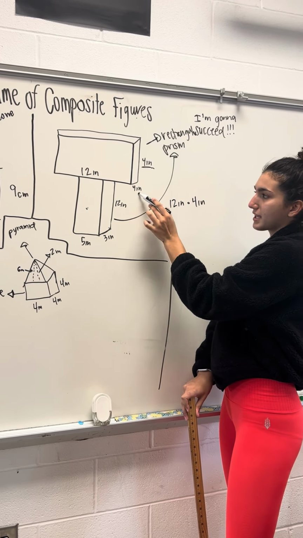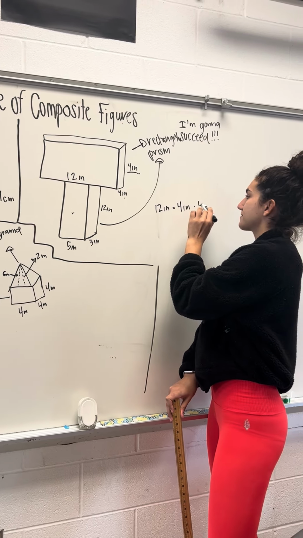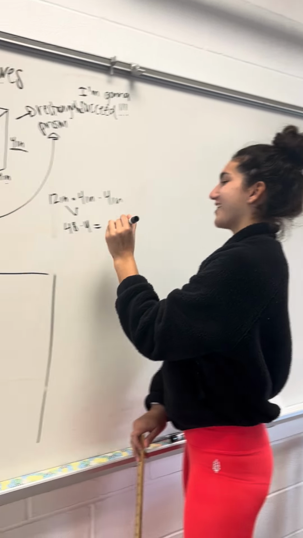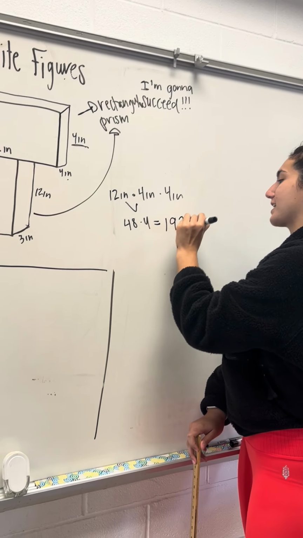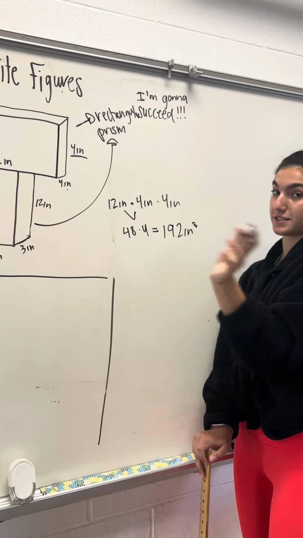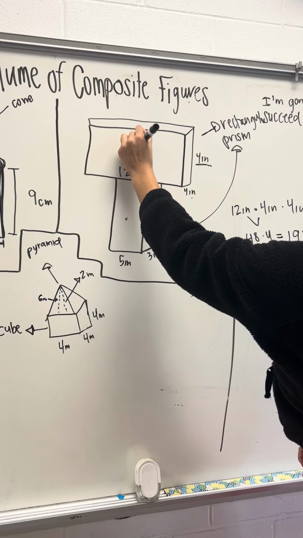And our width is also 4 inches. When you multiply all these together, you have 12 times 4, which is 48, times 4, which equals 192 inches cubed because it's a volume. So that is the volume of this shape right here.